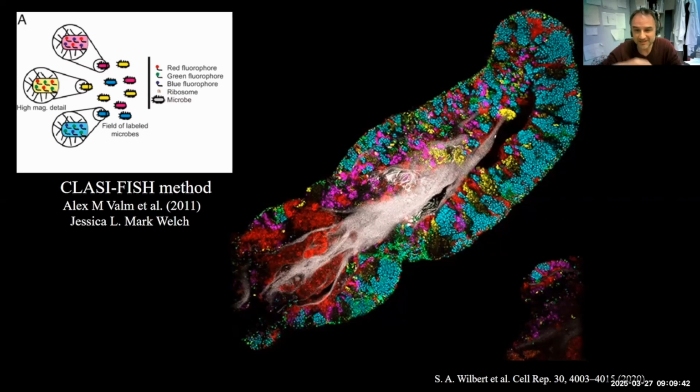No more than that, because then the wavelengths of the markers would overlap, and you would not be able to distinguish them. But now, by the combination of several fluorophores and some bioinformatic analysis, we can actually label tens of different bacteria, each of them with a different probe, with a different fluorescent marker.